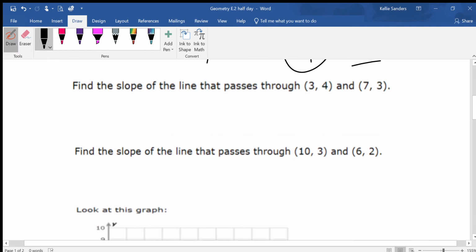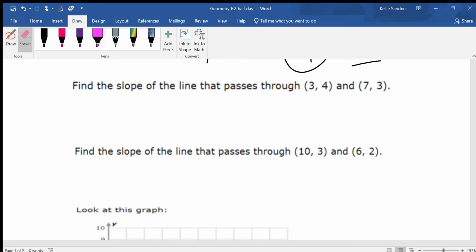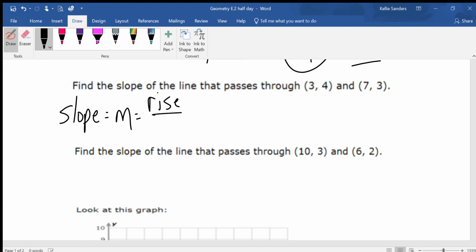Alright, now we're going to have to do a little bit of math on slope. So, let me back up. So slope is m, and m is rise over run. Okay? What rises, the x's or the y's? How do you go up and down? The y's. So y2 minus y1 over x2 minus x1. Every single time.